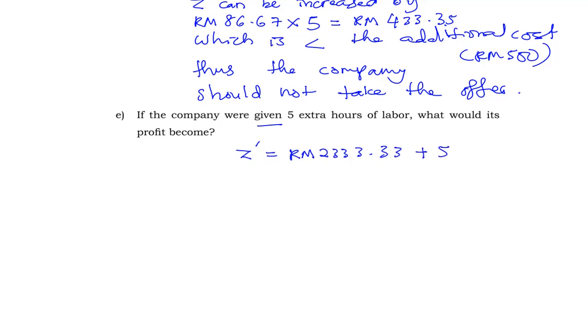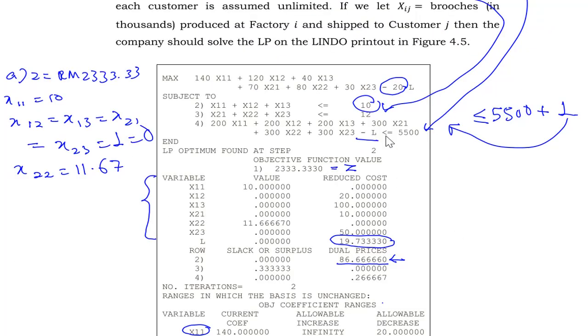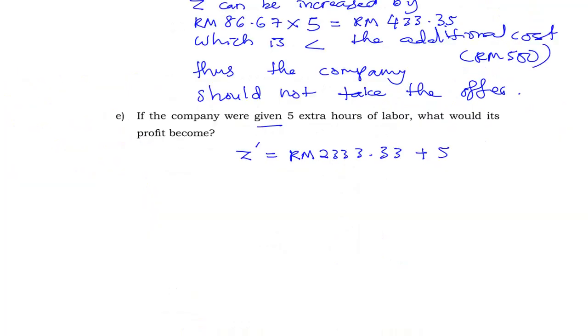Labor hours is the last constraint, so the dual price is here, 0.27. So 5 multiplied by 0.2667, and the new value of Z is now 2,334 ringgit and 67 cents.